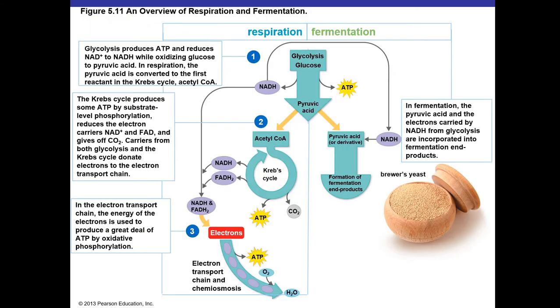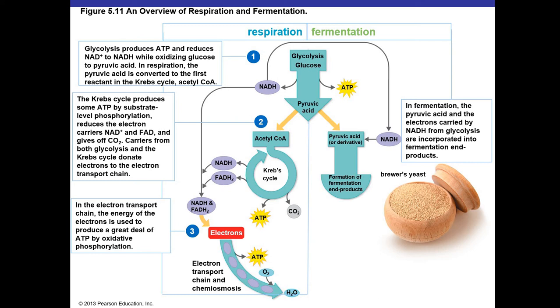So in our overview, we're going to talk about respiration first. From glycolysis, that 6-carbon glucose molecule is going to be turned into pyruvic acid, and at that point there's a juncture to decide whether things go through respiration or fermentation. If you're talking about eukaryotic cells, this is driven by whether oxygen is present or not.